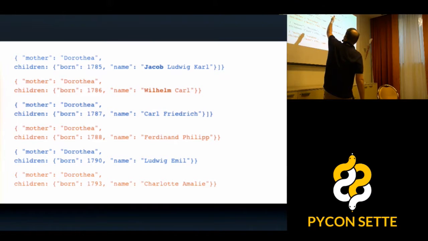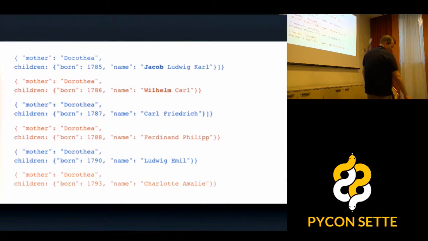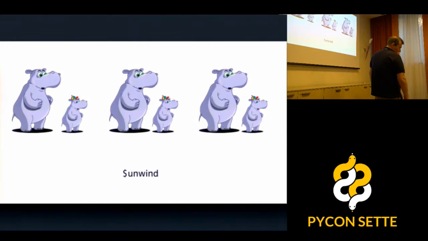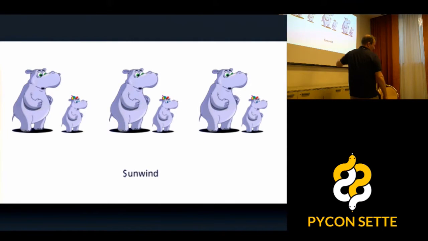So we keep the mother, the children. We didn't change the schema. We just flatten it out. We no longer have an array. We just have gotten back multiple documents. So basically, it's like we have mother hippo with her children, and then we have 3 mother hippos and 1 child. And let's show how this looks in code.